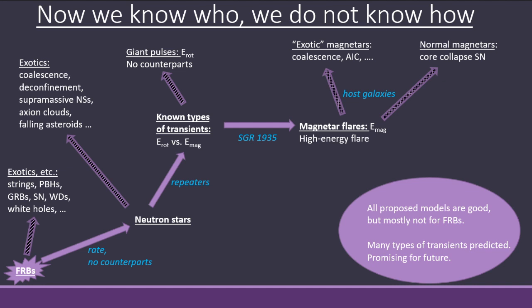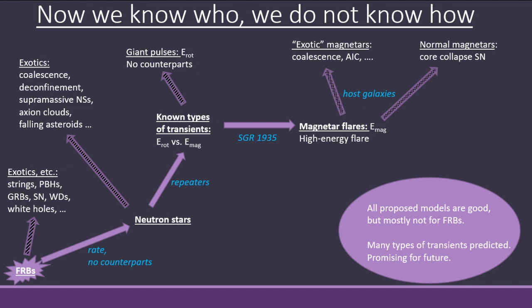At the sensitivity of present-day telescopes, we can observe, or say we could observe, several thousand bursts per day on the whole sky. So if we had the ability to observe, for example, with Parkes, all the sky continuously, 24 hours per day, every patch of the sky, then we would detect several thousand bursts in a day.